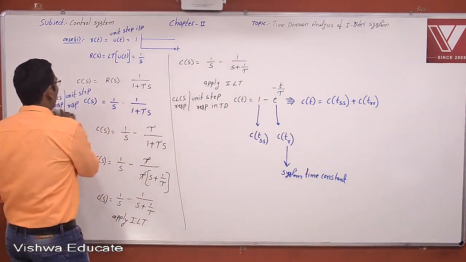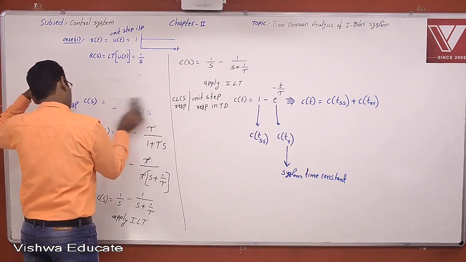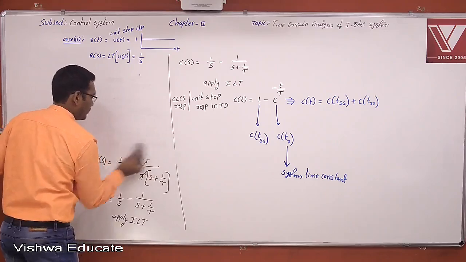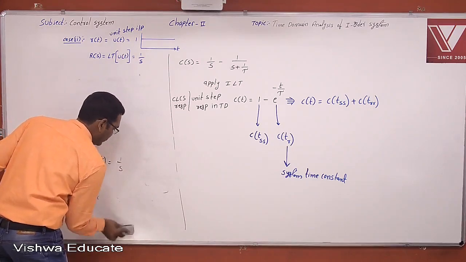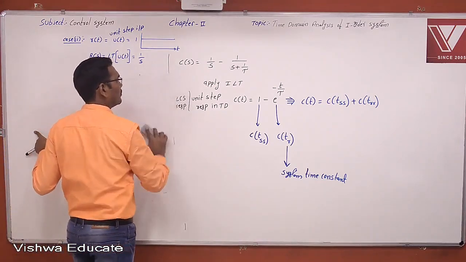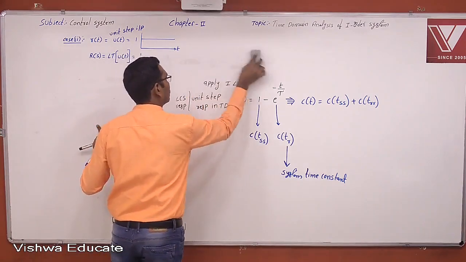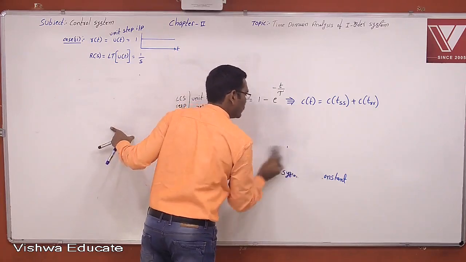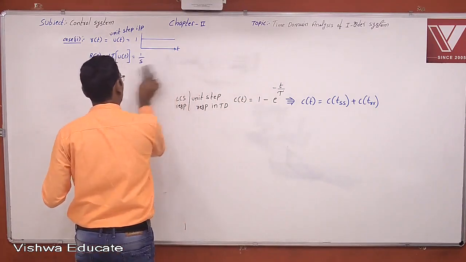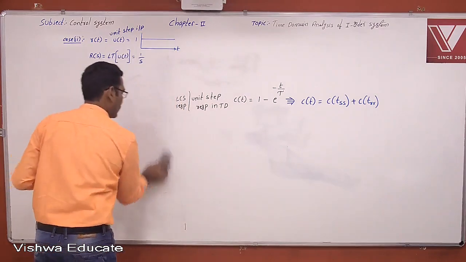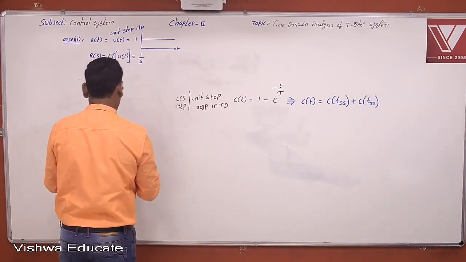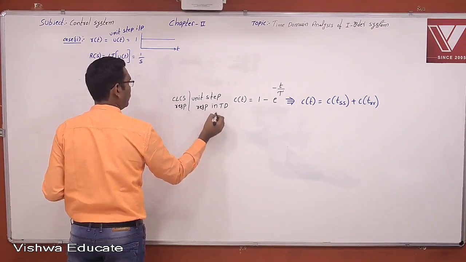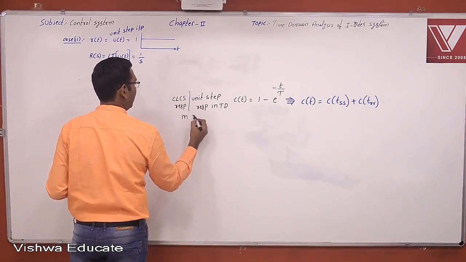Okay, now we'll draw the time response, because this is the practical response. Now this is the closed loop control system response, and this is the unit step response in time domain.